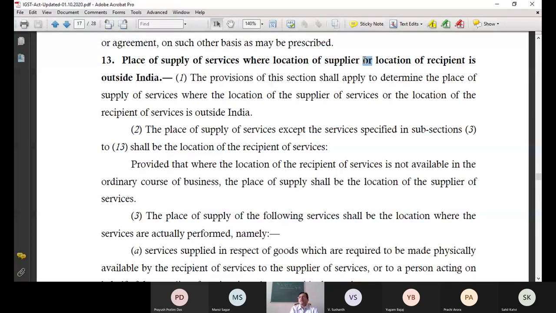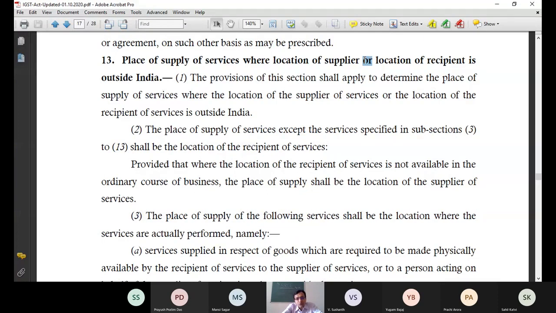For example, suppose I want interior designing services for my house, which is in Delhi, and the interior designer is in Germany. So the supplier is in Germany and the recipient, that means I, am in Delhi. It becomes a fit case to determine place of supply as per section 13, because either the supplier or the recipient is outside India. In my example, the supplier is outside India.